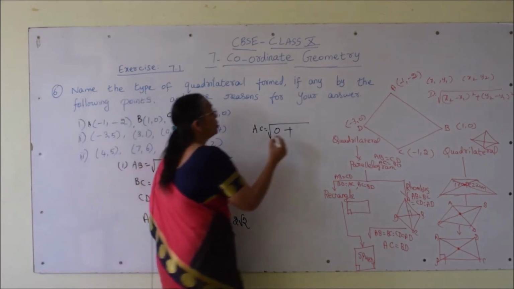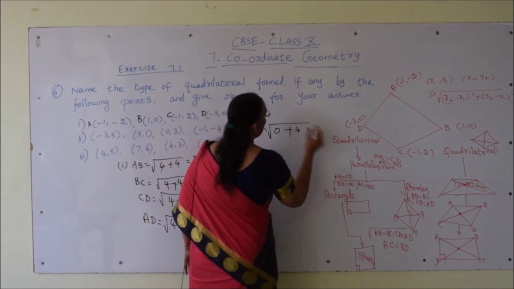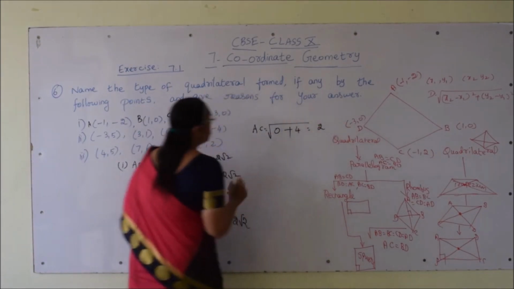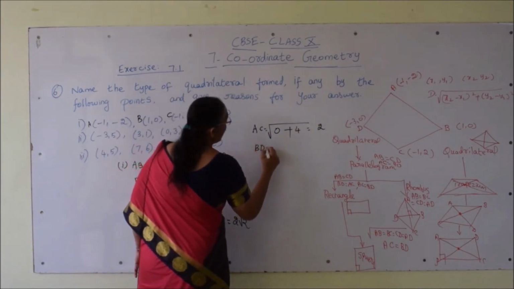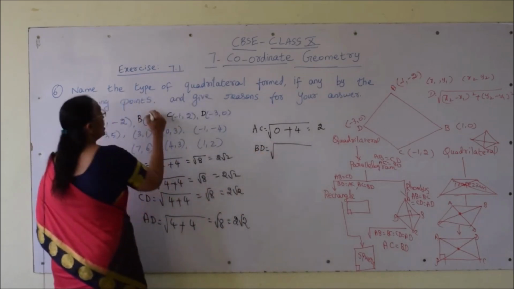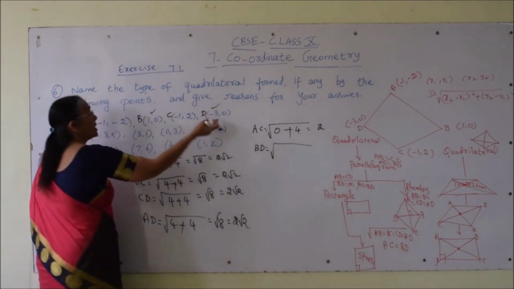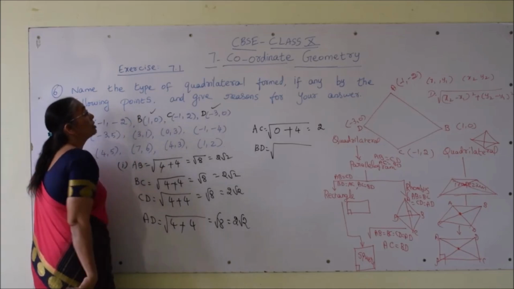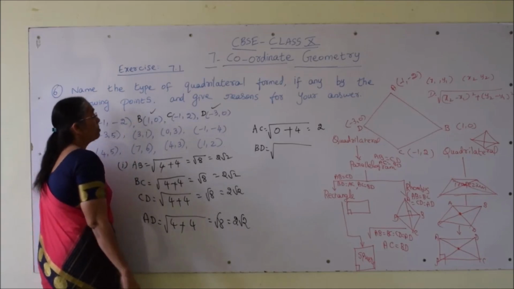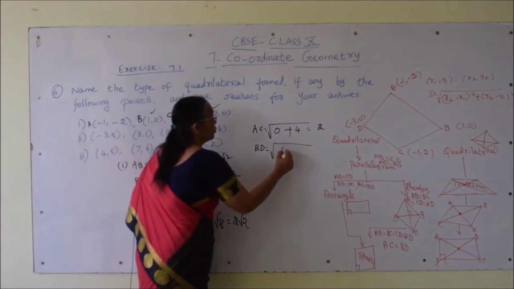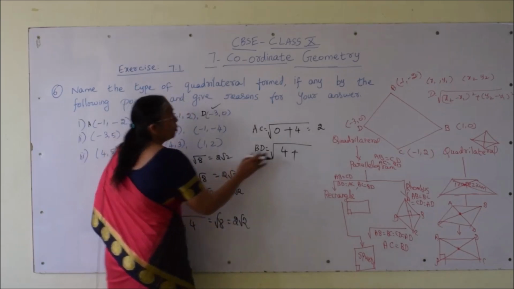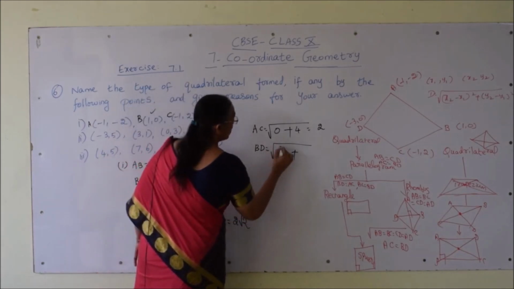So, 2 plus 2, 4. So, the diagonal length is root 4, which is 2. Now, let us see the BD diagonal length. This vertex and this vertex, minus 3 minus 1 which is minus 4. So, minus 4 whole square is 16.